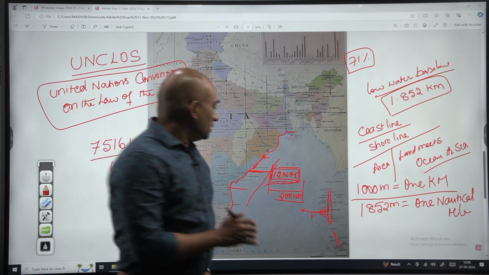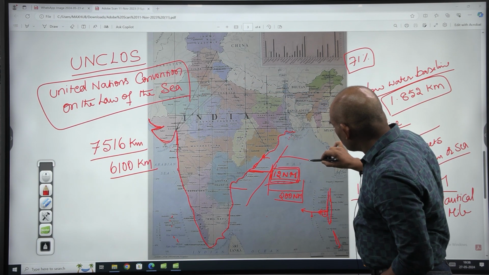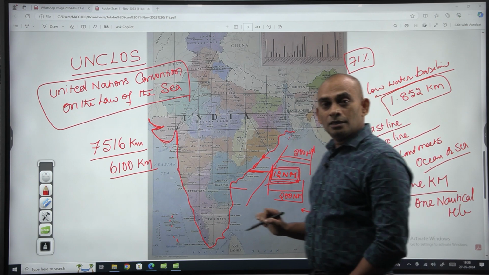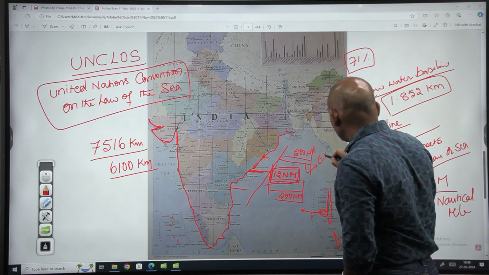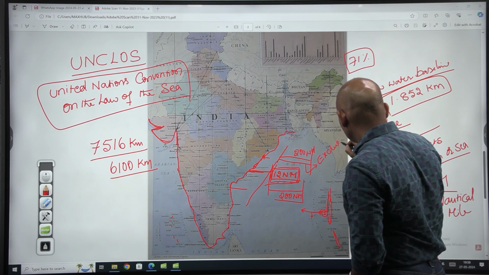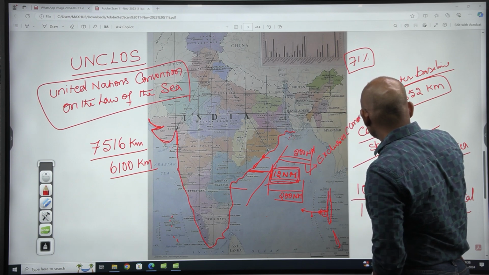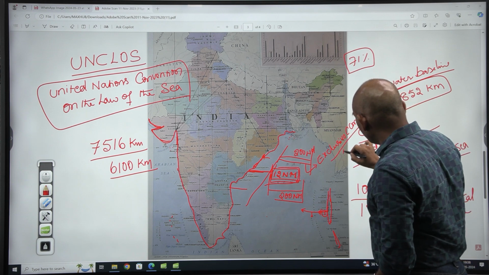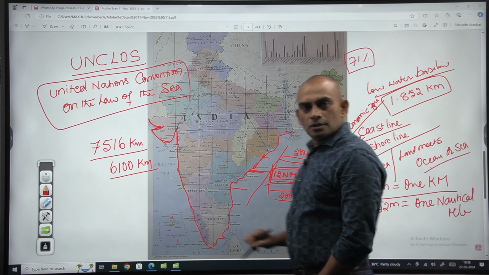That means this entire region, from 12 nautical miles up to 200 nautical miles, we call the exclusive economic zone of India, because I am talking about India here.